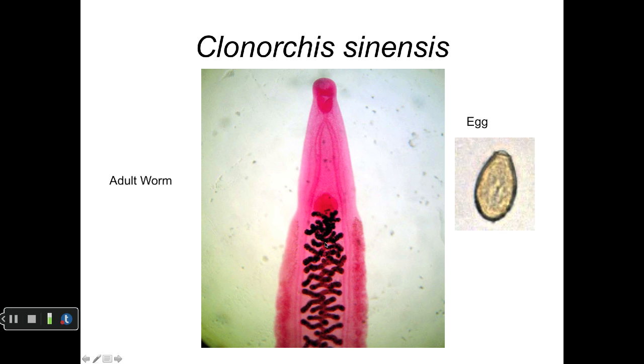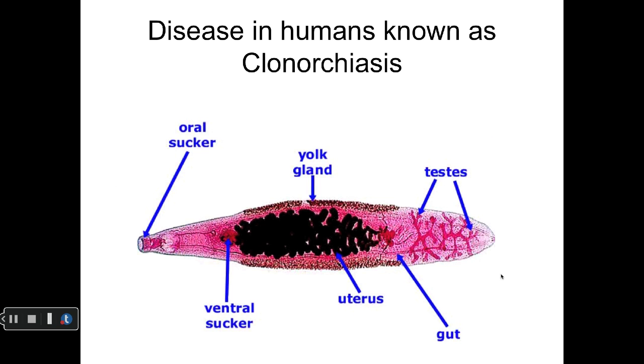There are vitellaria, yolk glands, out on the lateral sides of the worm, and in the middle here you can see the uterus. And if this was higher magnification, you could probably see the egg stage inside the uterus. So the egg is actually a fairly small operculated egg, and it resembles a little light bulb in fecal smears.